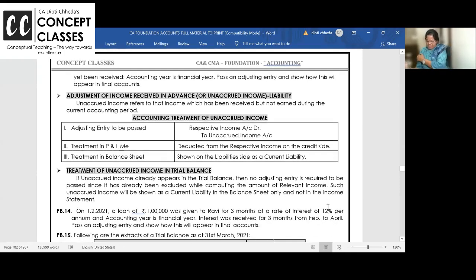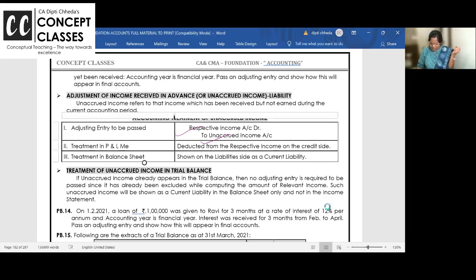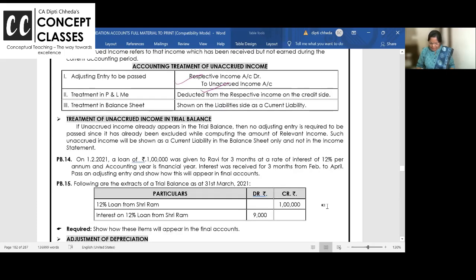If income is received in advance, then reverse. Same thing. If you have received interest for 14 months instead of 12 months, I will debit that income and credit income received in advance. Income received in advance will come in the liability side and income will be debited. Same concept and same way we are going to do.